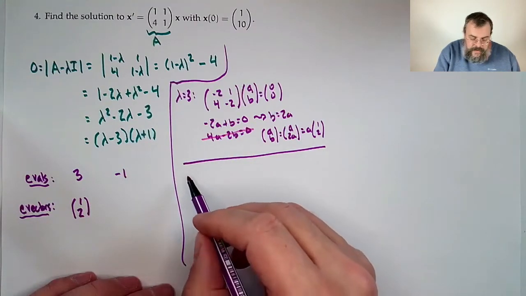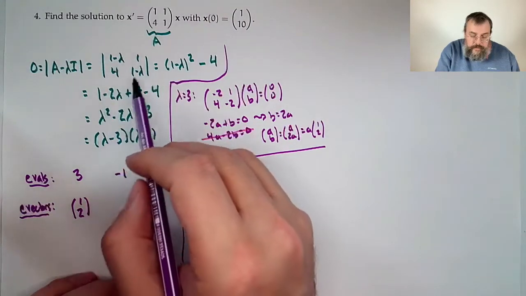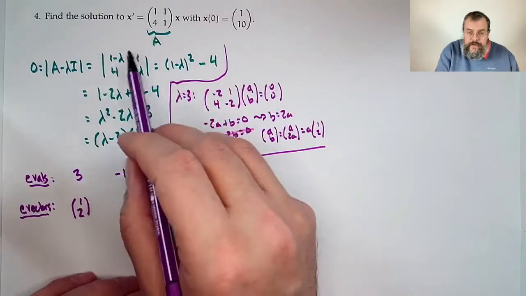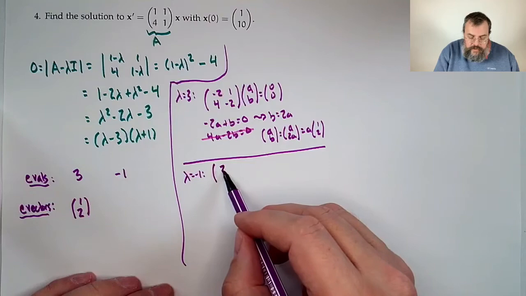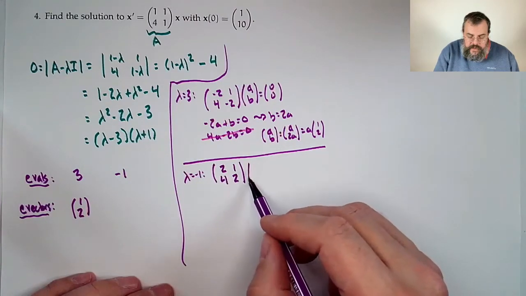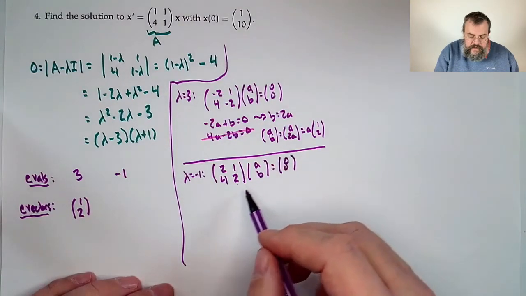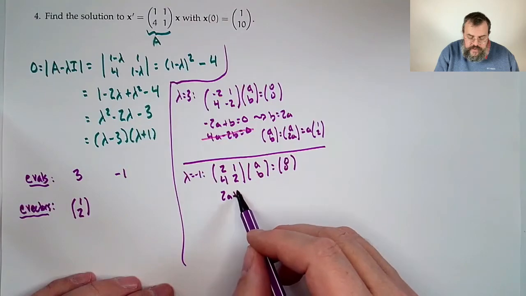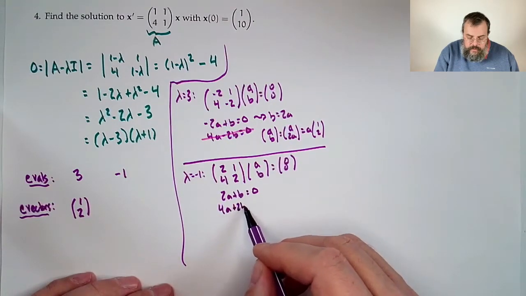All right, well, do it again, for -1. So come back, here's our A minus lambda I we can refer to. And when we put in lambda equals -1, we get plus 2, 1, 4, plus 2. And again, similar setup. And we can see, hey, there's 2 equations that we're solving for. But wait a second. What?